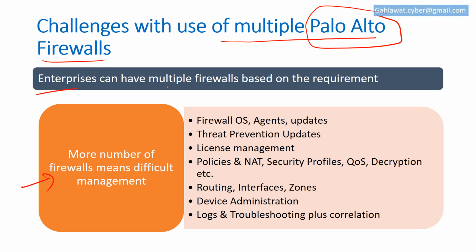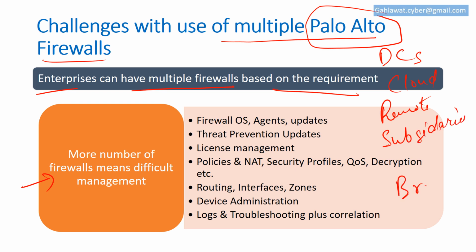Because the enterprises can have multiple firewalls based on the requirement, like the number of VCs, cloud, remote office, subsidiary, or the branch offices. So based on these different types of needs, they can need different number of firewalls.